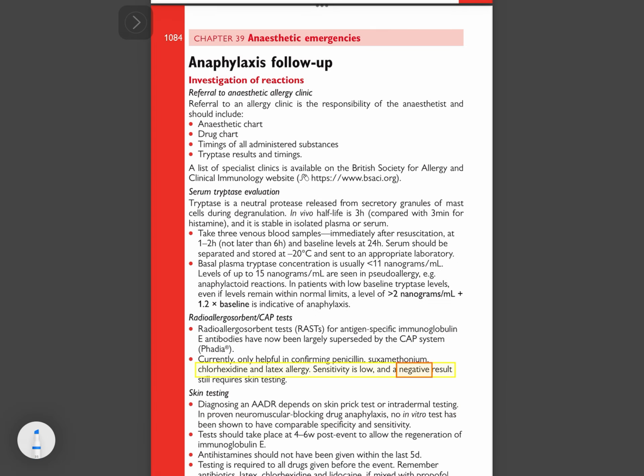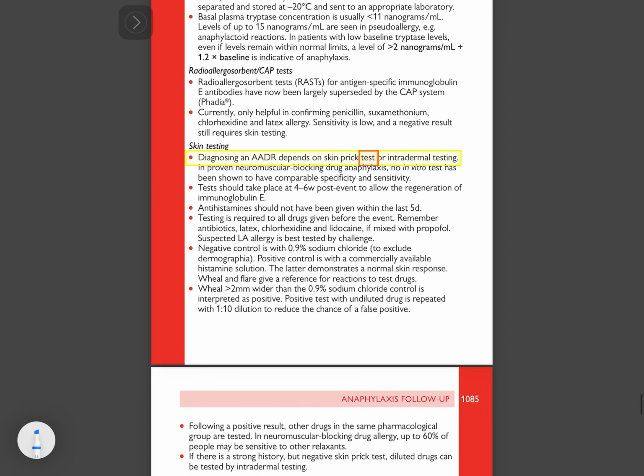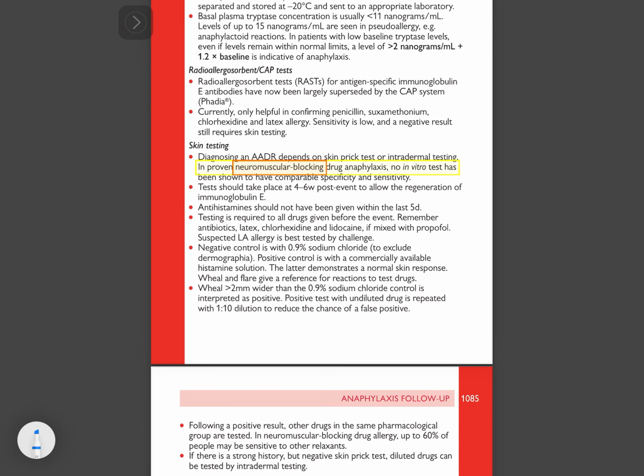Sensitivity is low, and a negative result still requires skin testing. Skin testing: diagnosing an AADR depends on skin prick test or intradermal testing. In proven neuromuscular blocking drug anaphylaxis, no in vitro test has been shown to have comparable specificity and sensitivity.